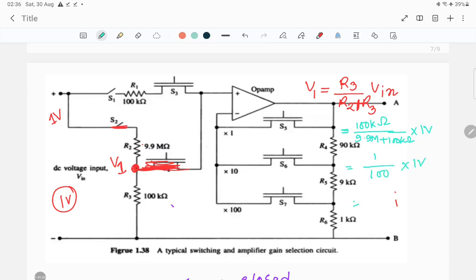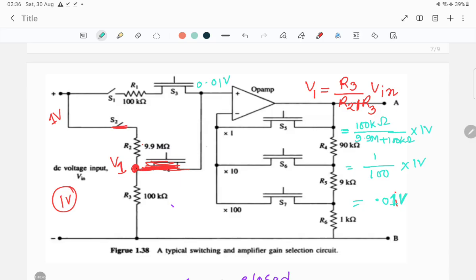So what will be the value? The value will definitely be 0.01 volt is appearing over here.